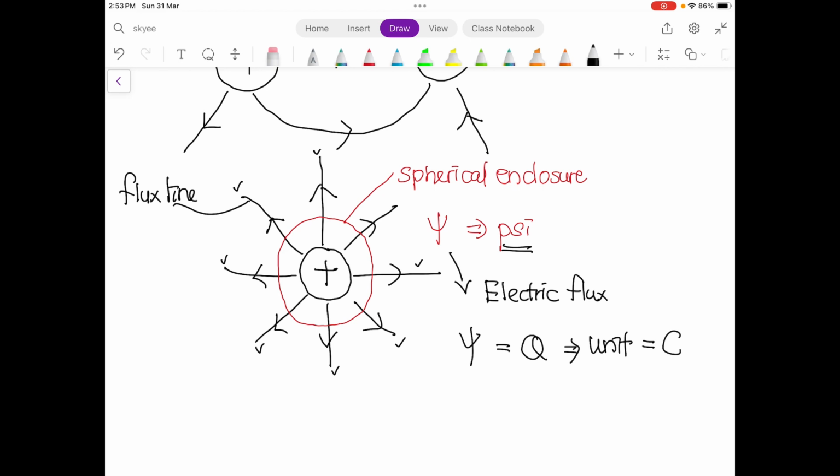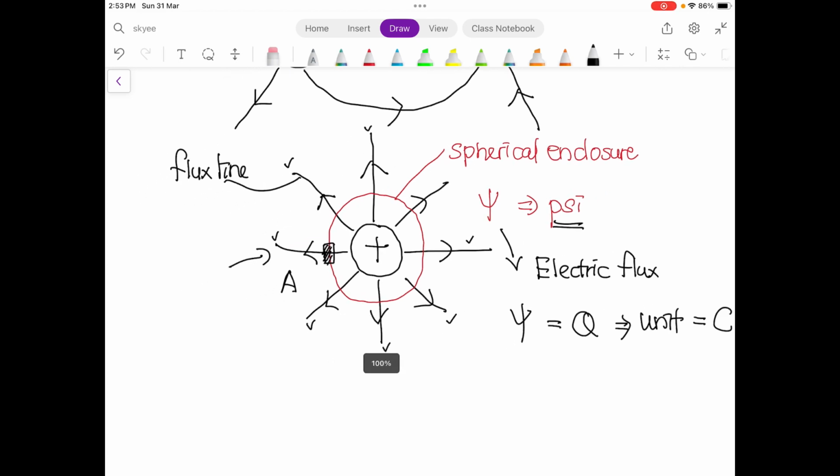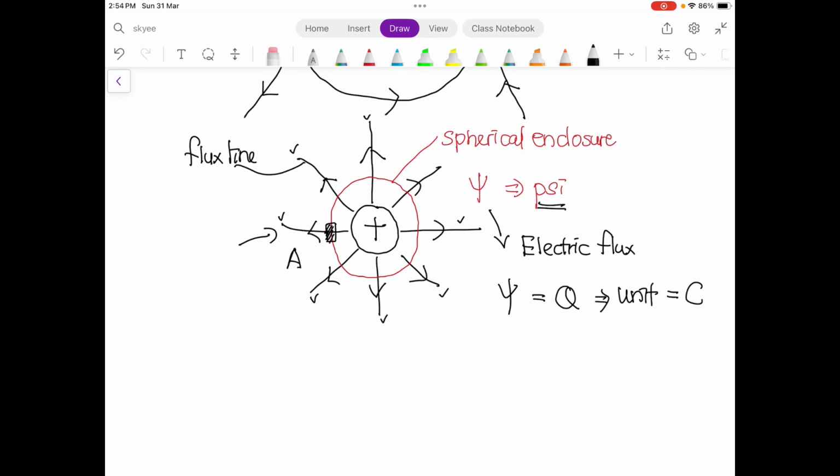Now if I just focus on one unit surface, a small area of the spherical enclosure, and I want to talk about the electric flux coming out from just that one small unit of surface, I will use another parameter to represent it, which is D. D is the electric flux density, and the unit is coulomb per meter square.